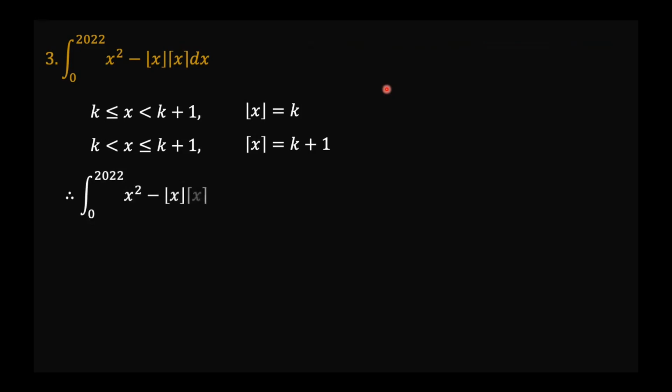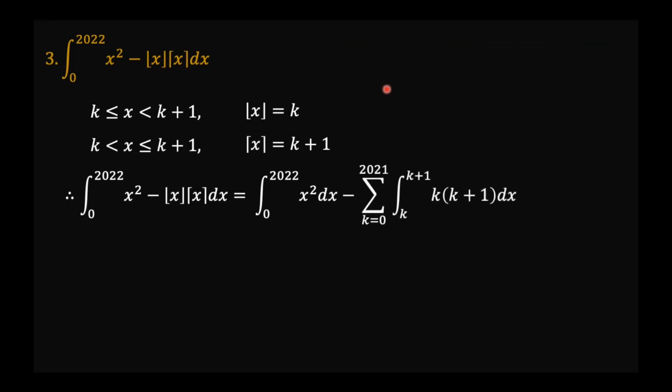So the integration of x squared minus the floor function of x and the ceiling function of x means that we'll have to divide that integration into the integration of x squared across the entire interval, 0 to 2022. And then we'll divide the 0 to 2022 interval into sub-intervals where successive integers are taken into consideration.